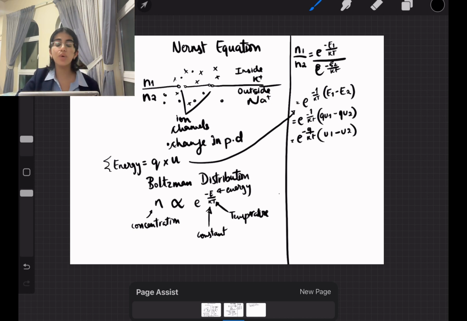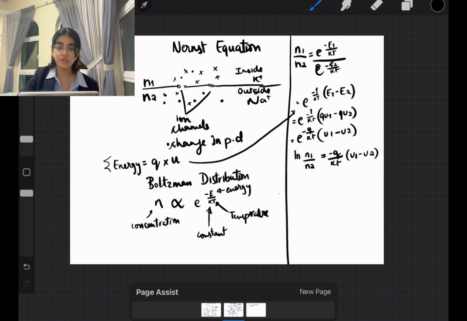And we can now apply a logarithm to solve the exponential equation. So that would be ln of n1 by n2 equals minus q by kT times U1 minus U2.